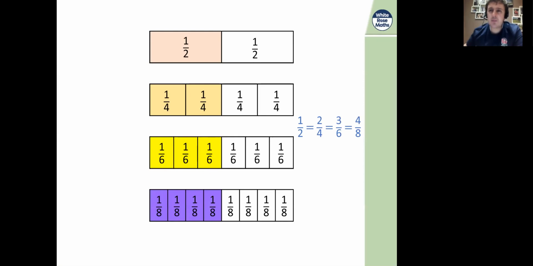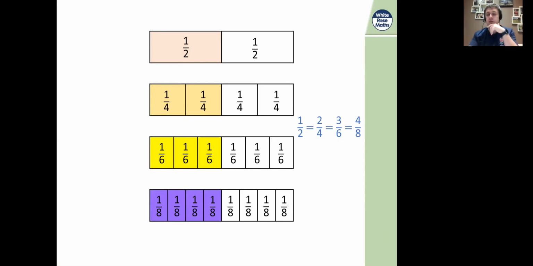I wonder if you can see a pattern between the numerators and the denominators, Year 4. What patterns can you see? Now, I'll tell you what I can see. I can see that the numerators are going up in ones. 1, 2, 3, 4. Could keep going. The denominators are going up in twos. 2, 4, 6, 8. So maybe this isn't all of them.